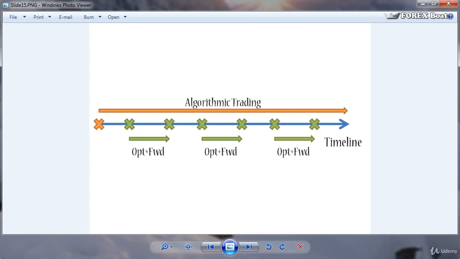Maybe say $50 a day on average, and then in 4 weeks, in about a month, you're going to get $1,000. So maybe it's worth your while to spend 2 hours a month to re-optimize this. In any case, that is the approach I use, and maybe that's something you would want to consider in terms of scheduling these optimizations and forward tests.